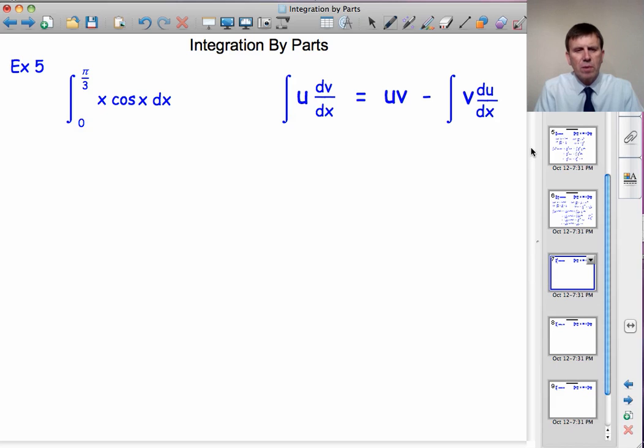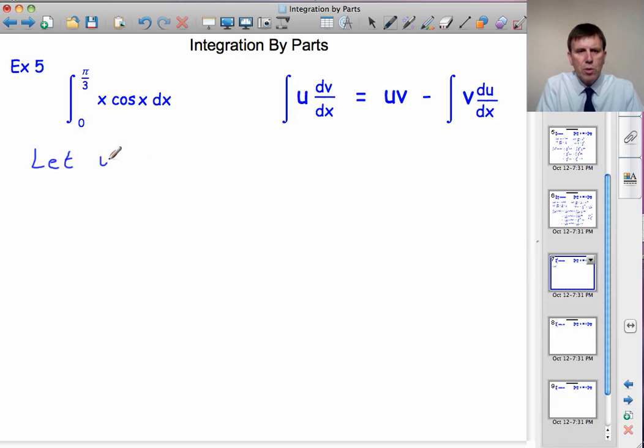Example 5. Integrate x cos x dx between the limits of 0 and pi by 3. We're going to set off in the same way by letting this linear function of x be the u. So we're back now dealing with the trigonometric function, where it's the linear function x that's the u, and the trigonometric function becomes the dv by dx.